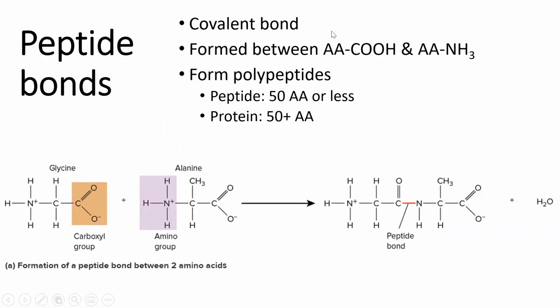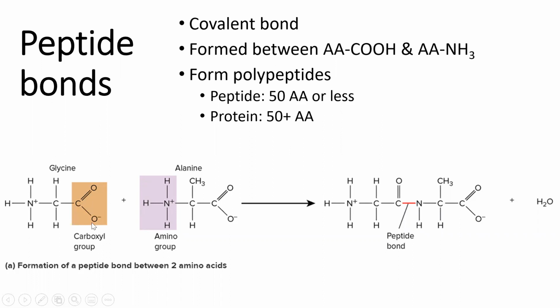Okay, so remember the peptide bond. It's a specialized covalent bond. It's formed between the carboxyl group and the amino group of the amino acid. Okay, it is a peptide when it's 50 amino acids or less, and then it becomes a protein when it becomes 50 or more amino acids. For example, insulin is a 52 amino acid protein. What are we doing?